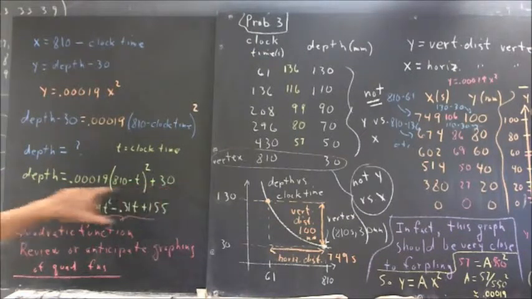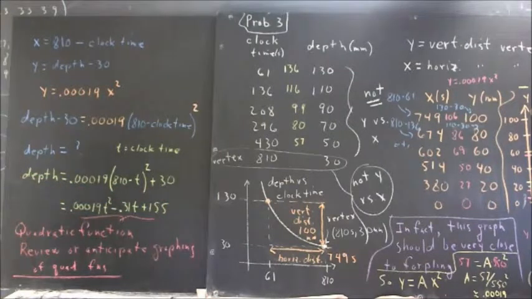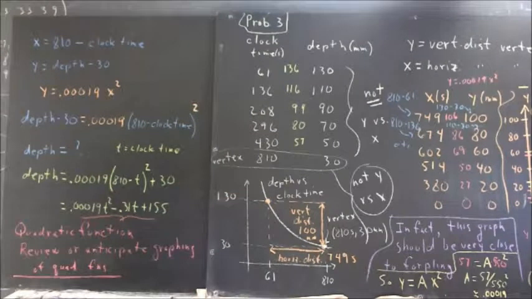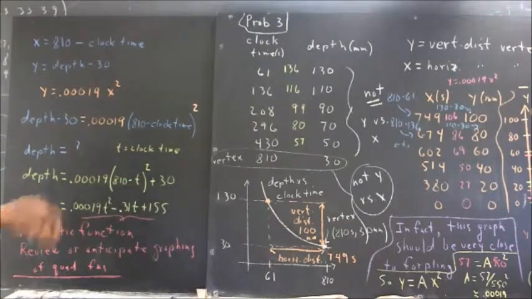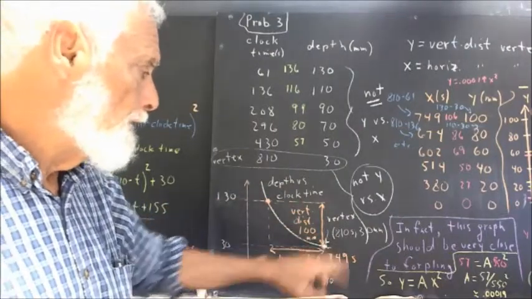This is a very simple form, and in many senses this is the simplest form because you can read off the vertex of this graph. If you know what you probably should know in algebra at this point, you know that this function is quadratic, and the graph of a quadratic is a parabola.